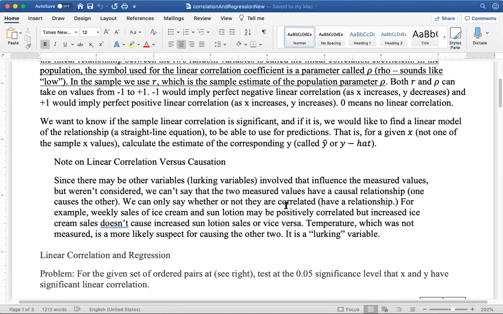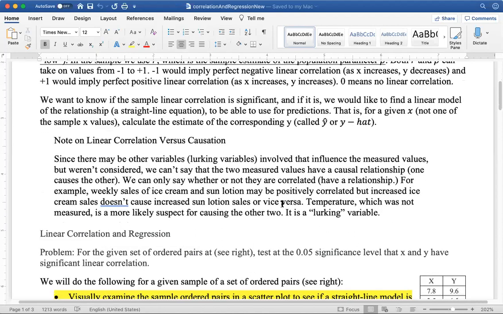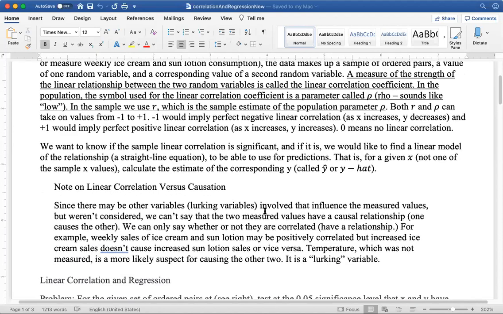Once we have a model, we're going to try to use that model for prediction purposes for a given X value that was not in our sample data. We want to know what the corresponding Y would be. So we would put the X that we have been given into the model, and out would pop a prediction for Y. We're going to call those predictions Y hat, but we'll get into the predictions shortly.